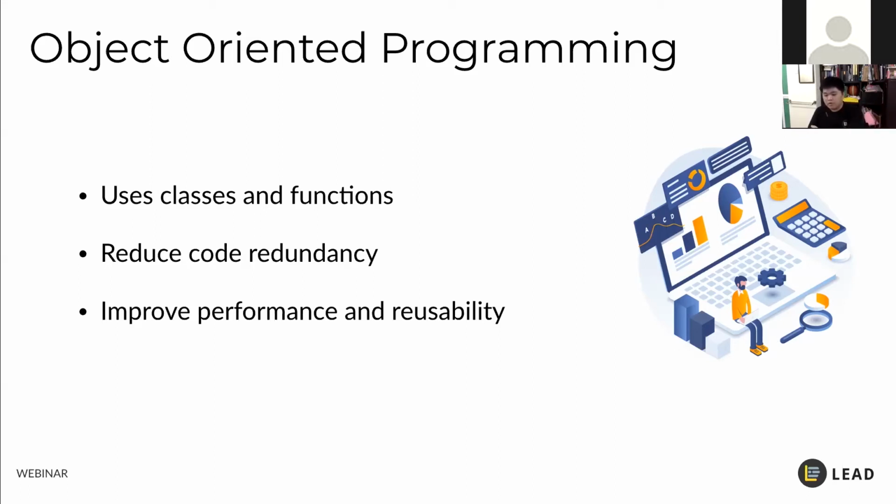Object-oriented programming is anything you can see in front of you. Your laptop, your monitor, your phone, everything is a class. The only thing is the value itself is different. For example, when you sign up for any job application, you need to fill out a form, right?